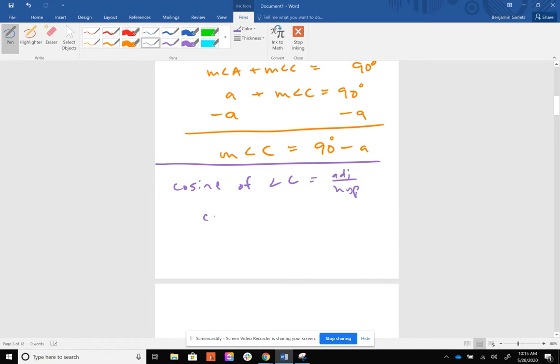And so if I write out cosine of angle C, that means that if I take the cosine right here, I need to make sure I take the cosine right here. Okay? And we just decided that cosine of angle C is BC, its adjacent side over the hypotenuse, which is the cosine of 90 minus A.